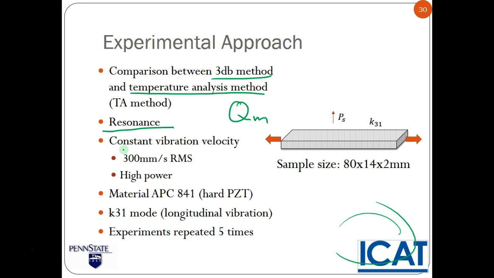The operation is at resonance. We're using a constant vibration velocity drive. So throughout the entire measurement, at each frequency, we're using a constant vibration velocity, which constitutes high power. You saw the 16 degrees temperature rise. The material is a hard PZT. We're talking about longitudinal vibration. And the experiments were repeated 5 times to determine the standard deviation.